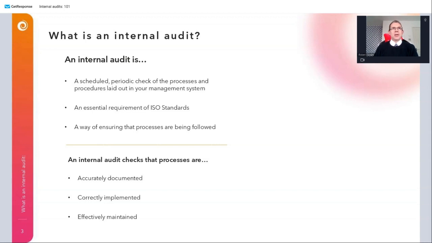So what is an internal audit? If nobody's ever had any experience of an internal audit, it is basically a check of your management system and its associated procedures, to understand whether you are compliant with the standard, your chosen standard, and also whether you're compliant with some of the internal procedures that you use in your organization.